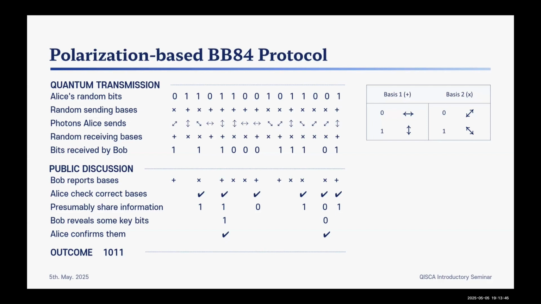After transmission, Bob publicly announces the bases he used over the classical channel, but not the actual measurement results. Alice then compares these bases with the ones she originally used and marks the matching cases. Only the bits where Alice and Bob used the same bases can be kept for the final key.